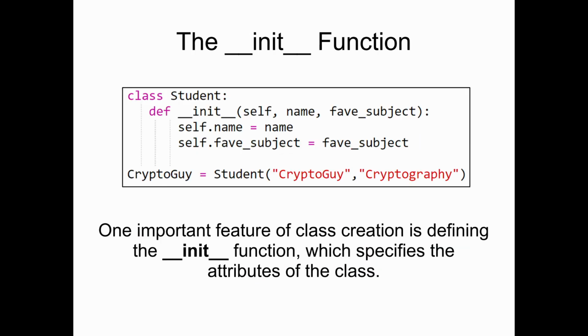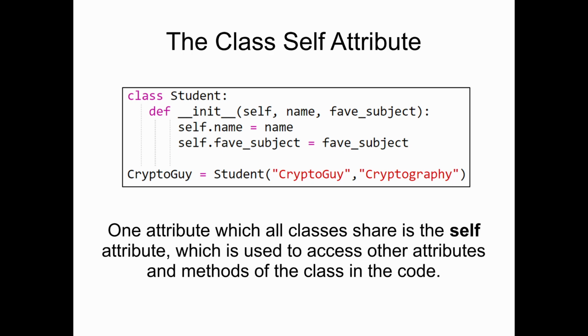One important feature of class creation is defining the double underscore init function, which specifies the attributes of the class. One attribute which all classes share is the self attribute, which is used to access other attributes and methods of the class in the code.